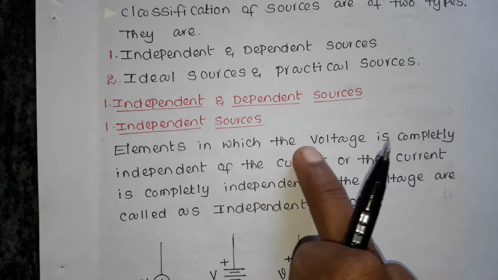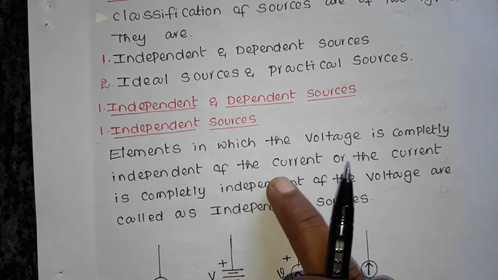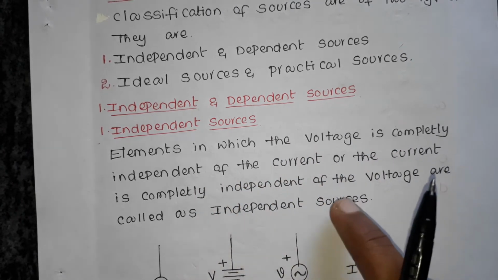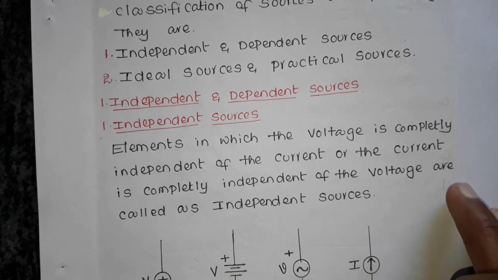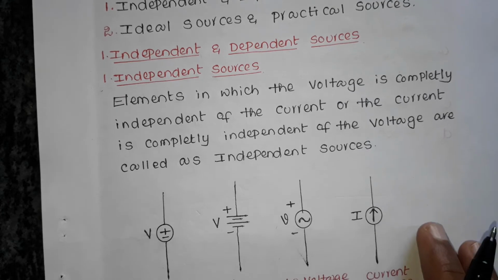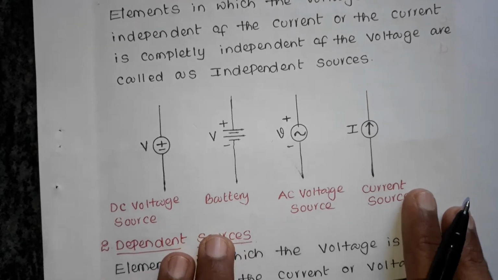Elements in which the voltage is completely independent of the current, or the current is completely independent of the voltage, are called independent sources. They are not at all depending on any voltage or current, so they have their own value.